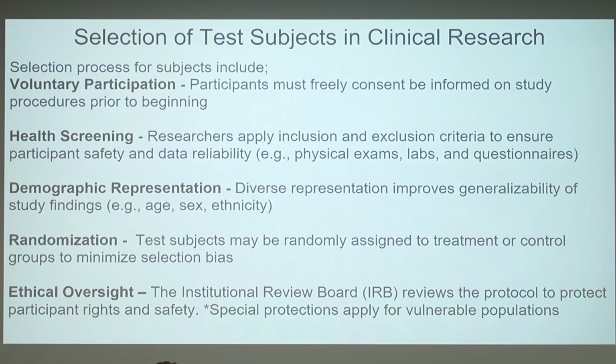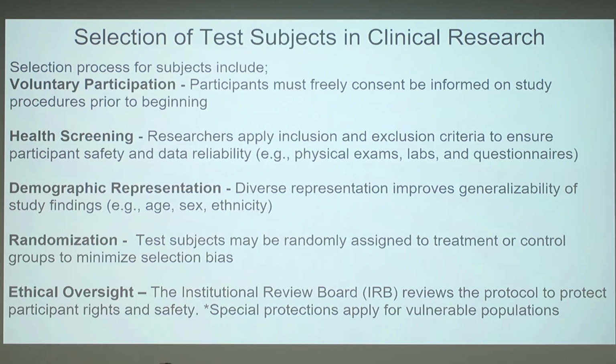So for human research, there is a selection process. Most of these pillars, the 5 pillars of the selection process for human studies, are based on the Institutional Review Board. The Institutional Review Board is what protects human subjects.